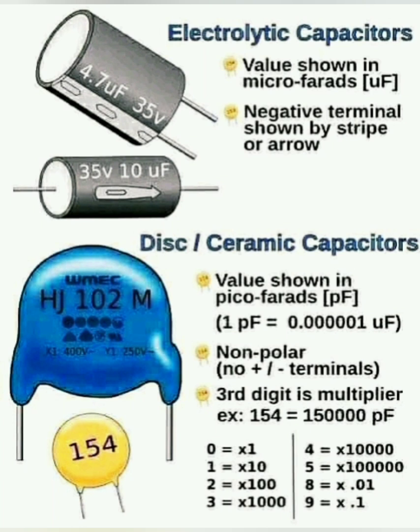Then for a disc type or ceramic capacitor, first of all the capacitor symbol is mentioned as a farad, which means the unit is farad. So it will be in microfarad, picofarad or nanofarad.